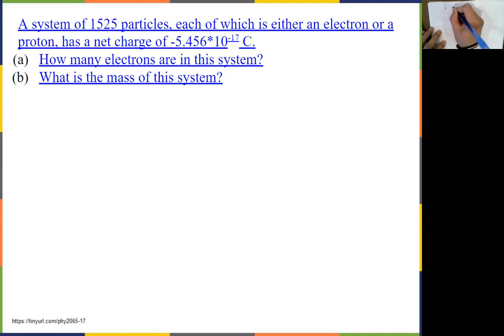That would be negative 1.6 times 10 to the negative 19. For the charge of a proton, that should be positive of that. The mass of an electron is a fundamental number that's not given, but you can look it up. The mass of a proton is also a fundamental number.